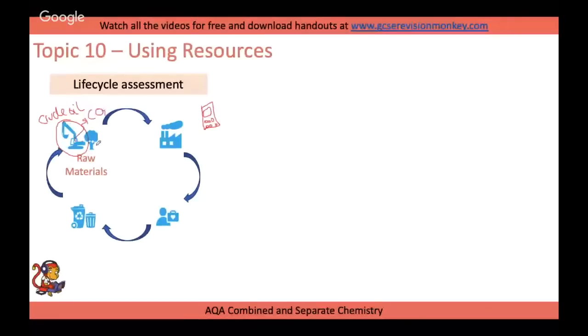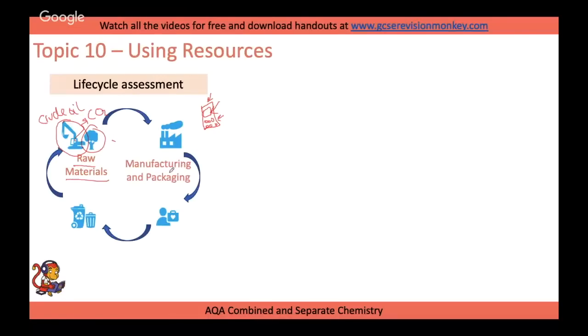You may well have to cut down trees to get to an area to mine it, for example, for the gold, for the connections that you're going to use within the electrical circuit of the phone. So there's loads of things that you can think about that will affect the environment when you're looking at the raw materials for the phone.